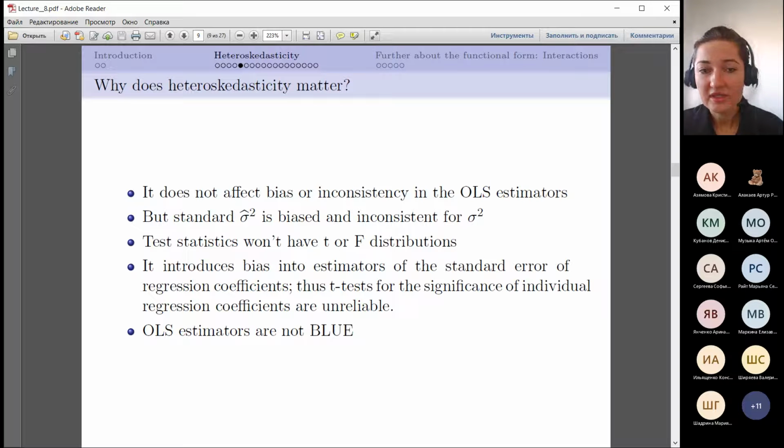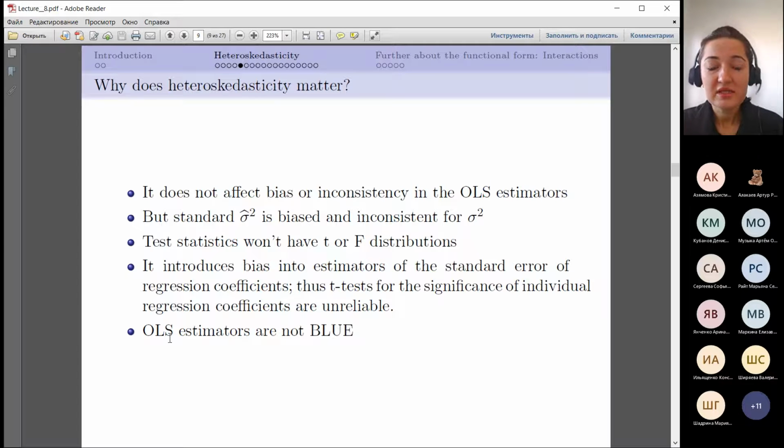But if heteroskedasticity is present in your data, the ordinary least squares estimators are inefficient. Inefficient because you could, at least in principle, find other estimators that have smaller variance, but are still unbiased and consistent.